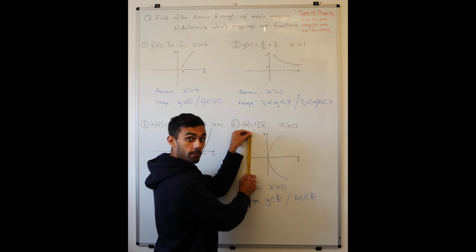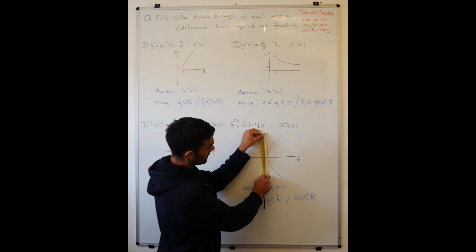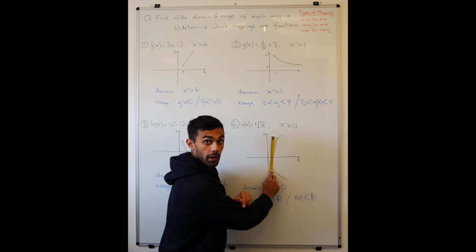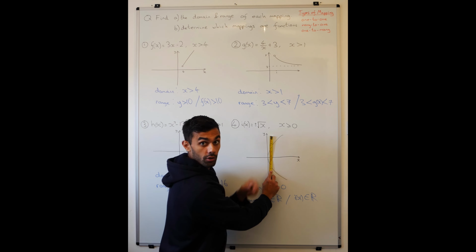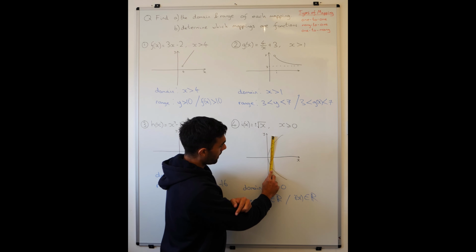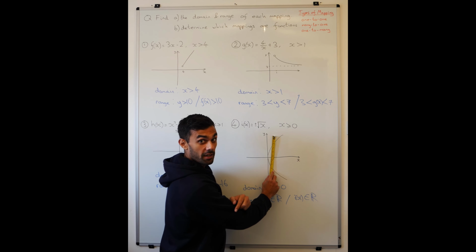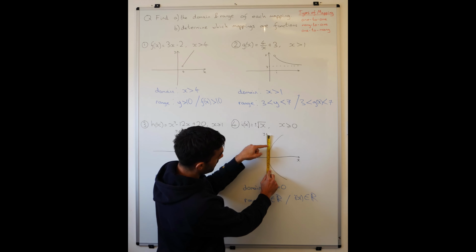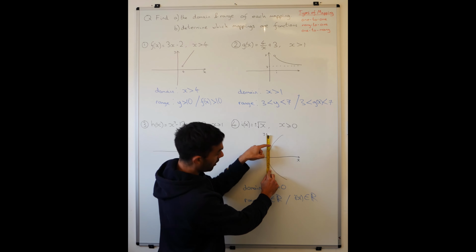Here's my ruler. I'm just going to move across the x-axis. And I'm looking for any point where my ruler crosses the curve twice. I think you can clearly see here, as soon as I get to where the curve is defined, my ruler is crossing the curve at 2 points.